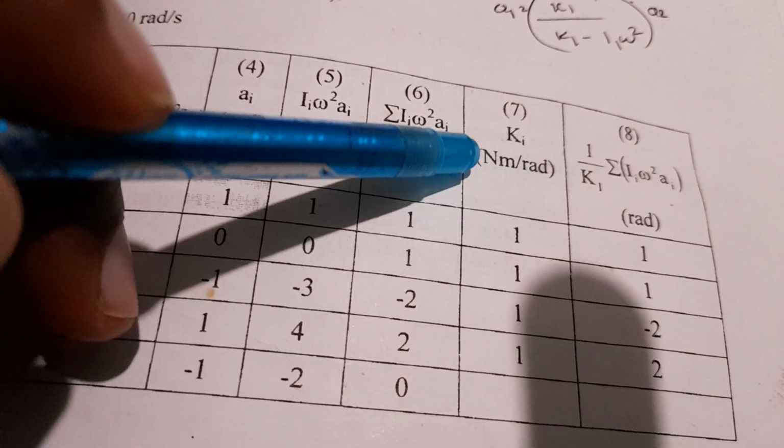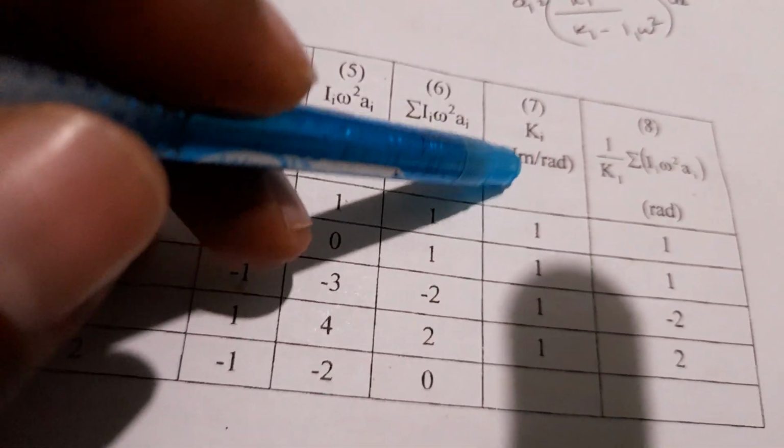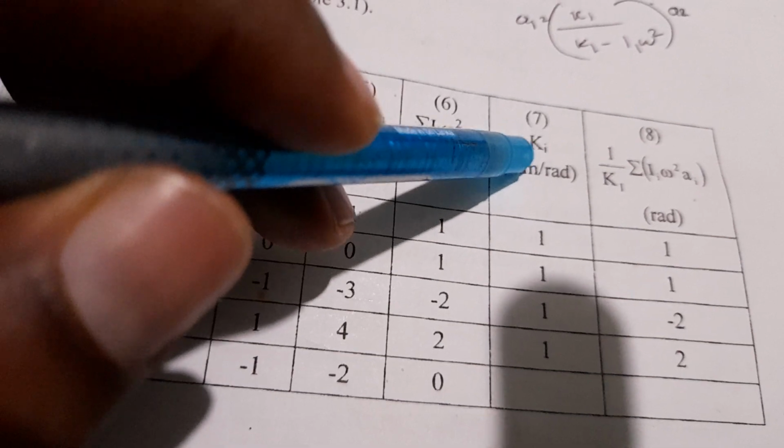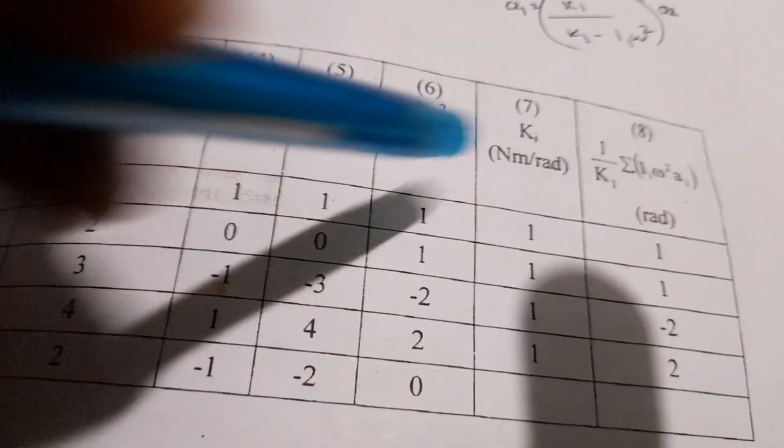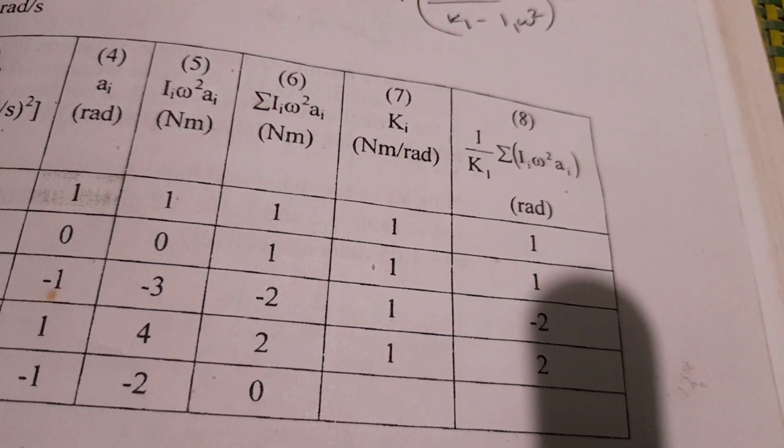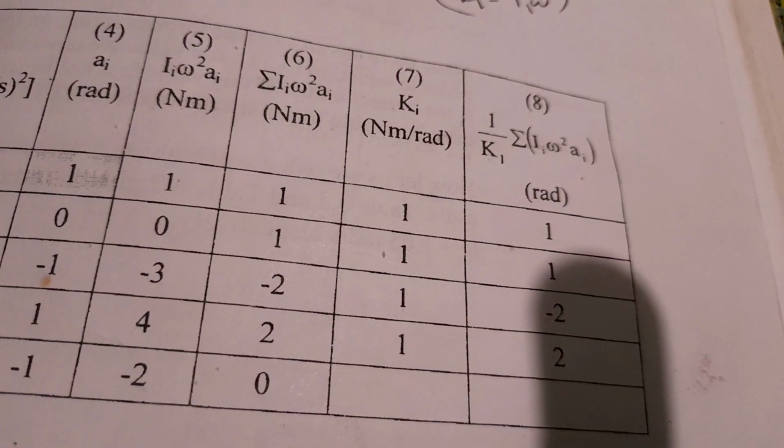So now don't worry why we have shifted this ki to here. The reason that we have shifted ki to here is that this is the portion that we need, right? And also we have to fill this one also, right? What is this one?